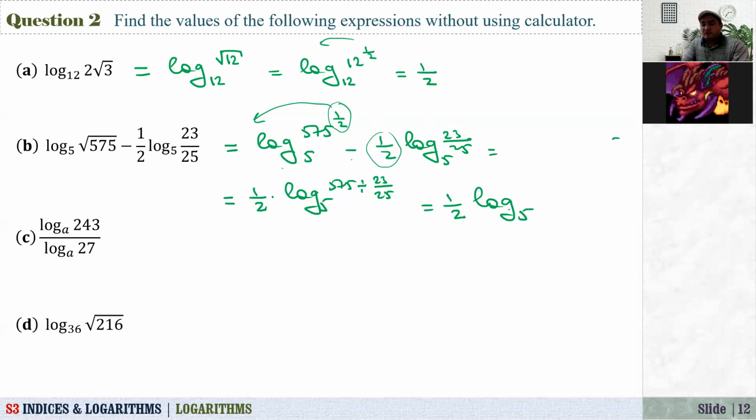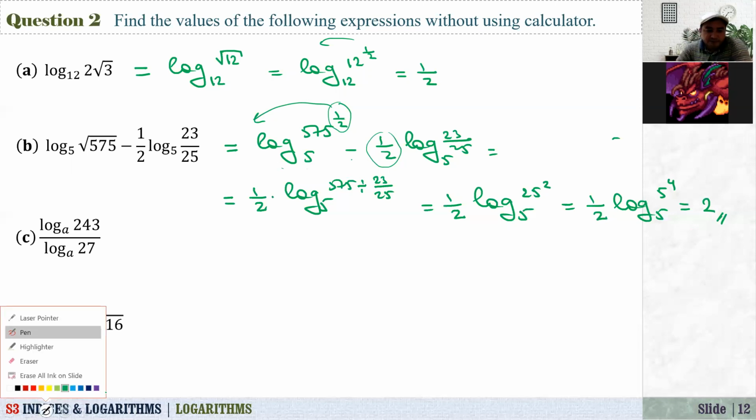What is 575? 575, if you divide by 23, that's equal to 25 actually. So that's equal to, here we have 25 times 25. So that's equal to 25 squared. So which is equal to 1 over 2 times logarithm of, in the base we have 5. 25 is 5 squared. So here we have 5 to the power of 4. So this 4 comes to the front. So that's equal to 4 over 2. That's equal to just 2. So the value of the thing is equal to 2.